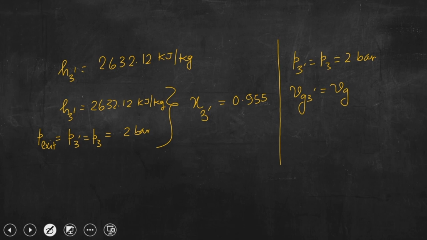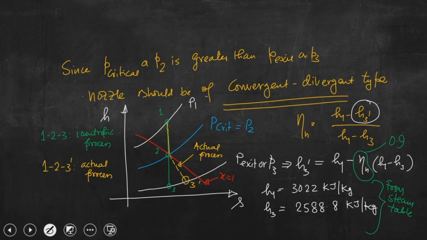So, that means at that particular condition what would be the specific volume of vapor. So, at that pressure what is specific volume of vapor? That is given 0.886 meter cube per kg. So, that means if we know the pressure P 3 that equal to 2 bar and that equal to 20 bar.